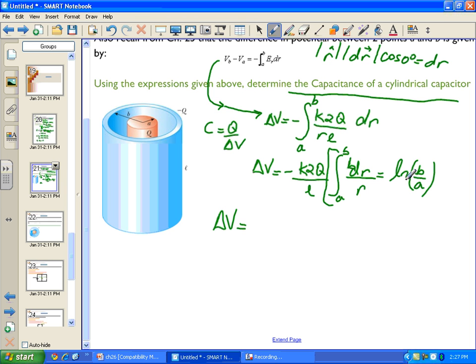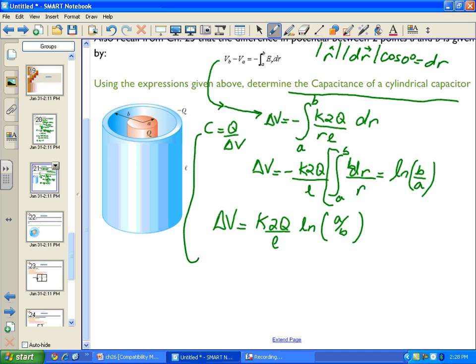If we have a negative sign here, we can just switch this around and write the log of A over B with that negative sign. So K 2Q over L times ln of A over B.